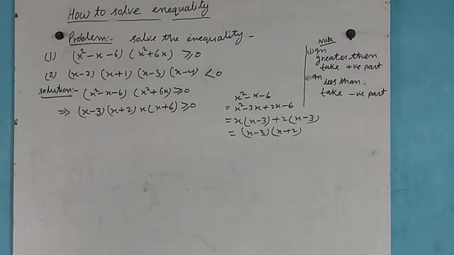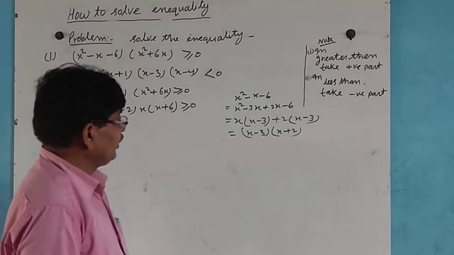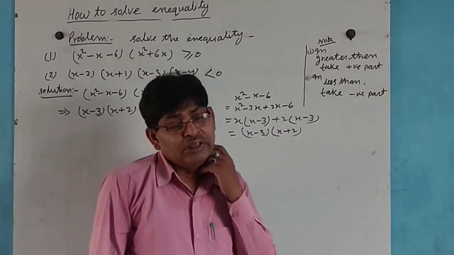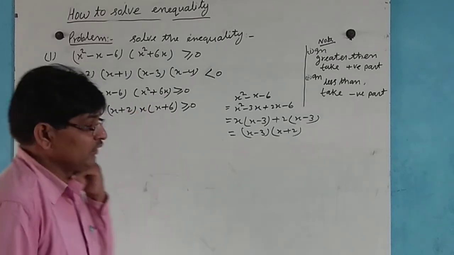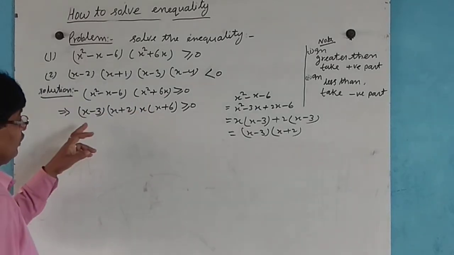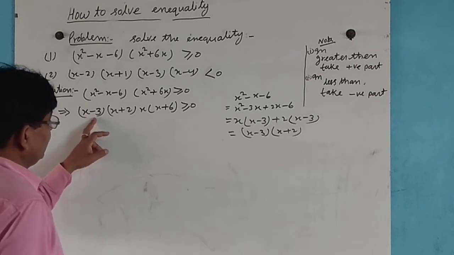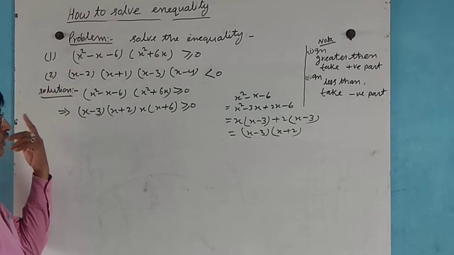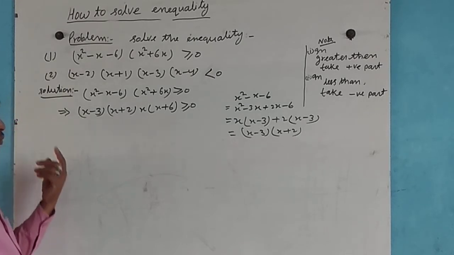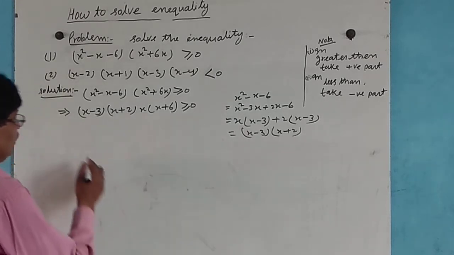For getting the value of x in such type of inequality, first of all we put each part equal to 0, then we get the value of x. Here x minus 3 greater than or equal to 0, x greater than or equal to 3.